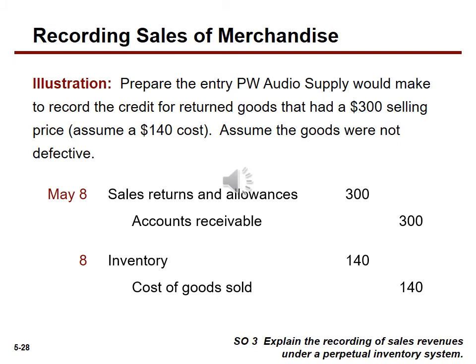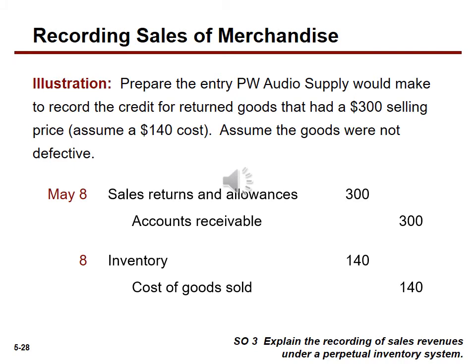Now, we need this piece of information because we're not only going to reverse the sale transaction, we're also going to reverse the cost transaction. So assume the goods were not defective and we're just going to add them back to our inventory.